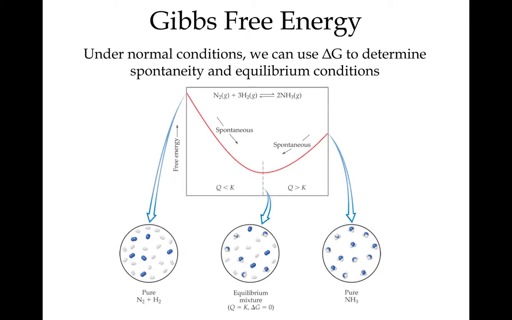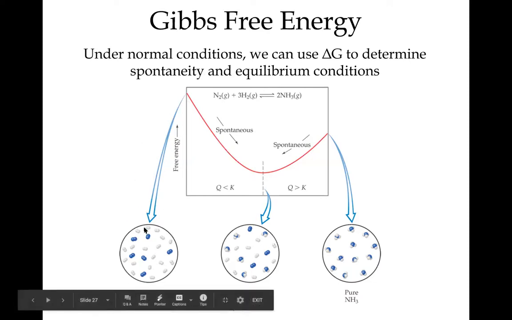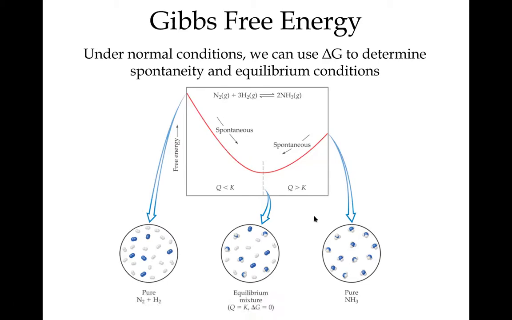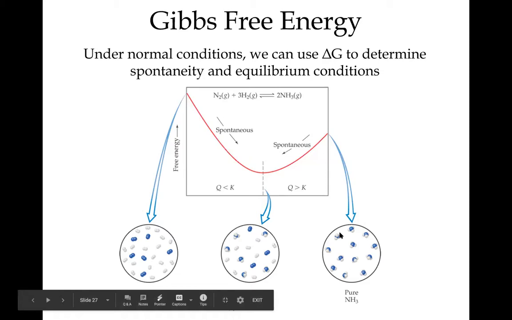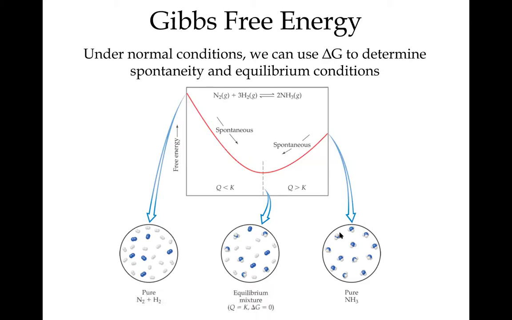So if we have nitrogen and hydrogen on one side, and that forms ammonia on the other side, at certain states you're going to have pure reactants and pure products. But at some point, they're going to want to go into equilibrium, and we can measure that in terms of the amount of free energy. Once we get to the point where Q equals K, delta G is 0. A little review from last quarter.